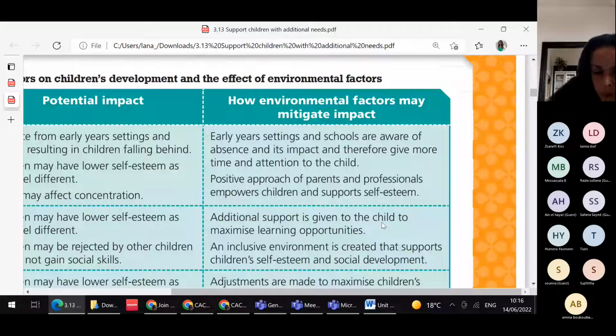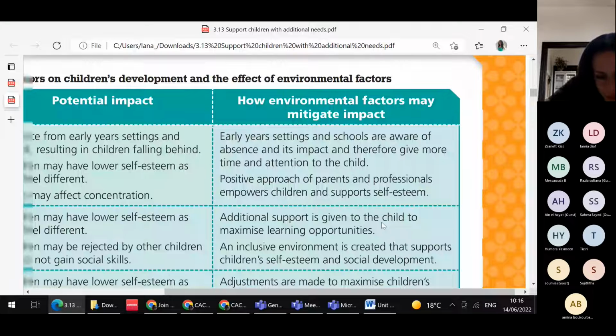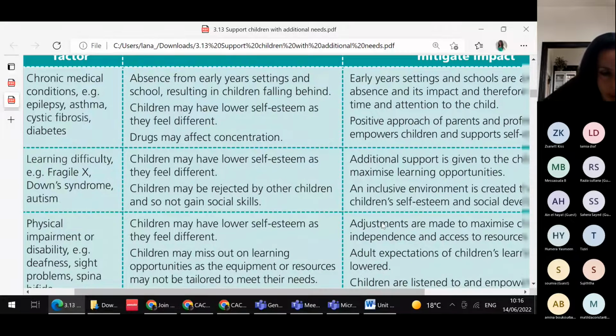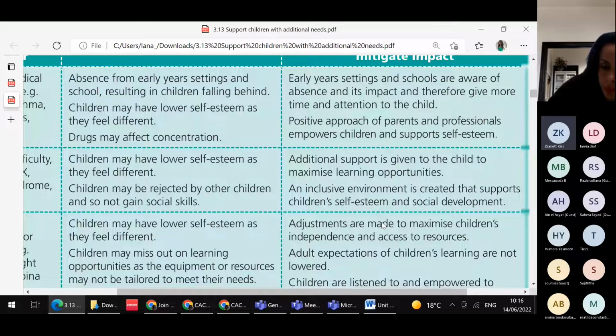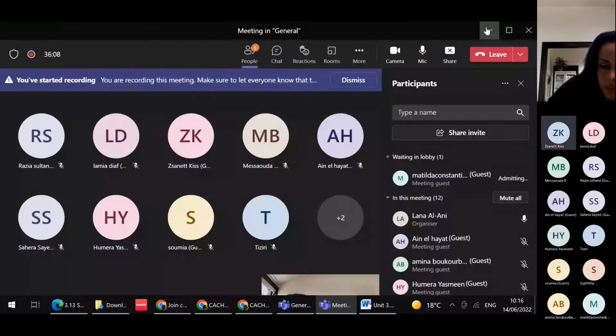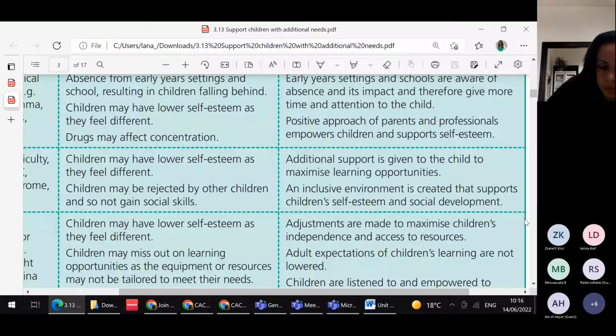Also, there are some other factors like learning difficulties. So the child might have Down syndrome. They might have autism. So all this would affect the child's development. How could it affect the child's development? Could you tell us how this might affect child development?